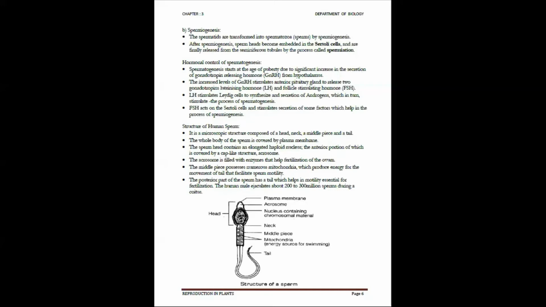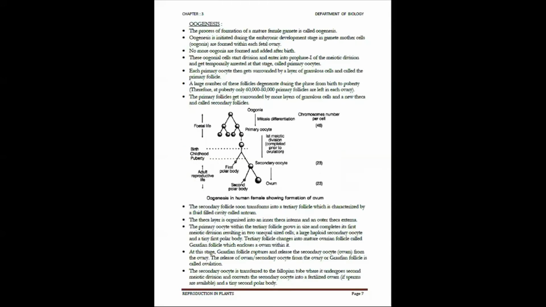And the explanation, yes, just study the explanation, because they can ask any question in between, like mitochondria, where it is present or what it is used for, or which part is for motility, or they would ask about the human male ejaculation per ml or per coitus. So all these questions can be asked from this explanation.